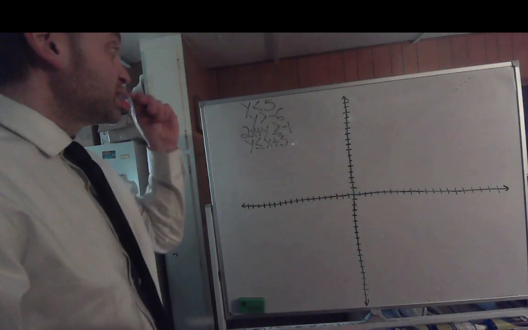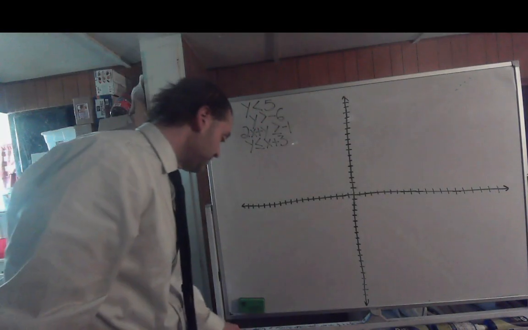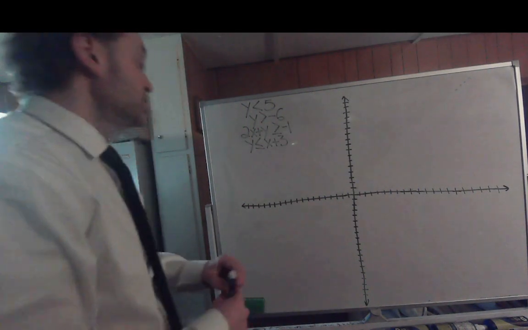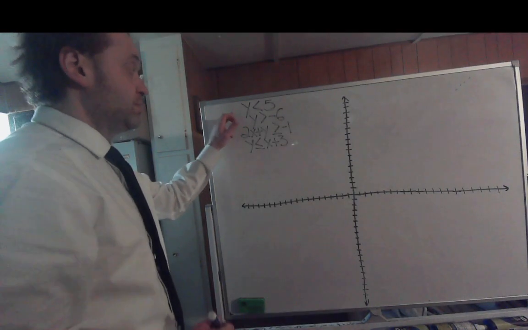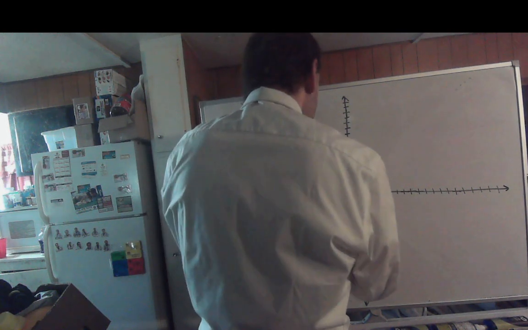Well, let's start with the first one. Y is less than 5. Since it's just less than, you're going to draw a dotted line through y equals 5, since that's not part of your solution set.